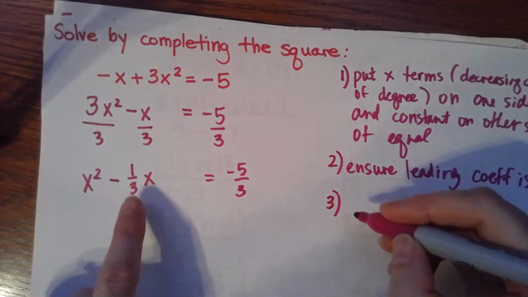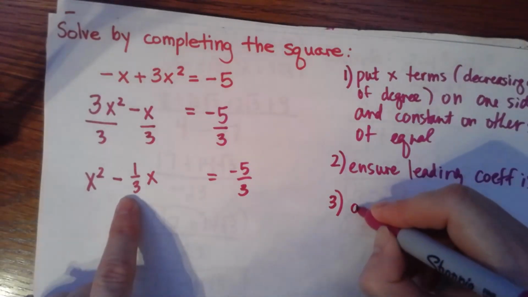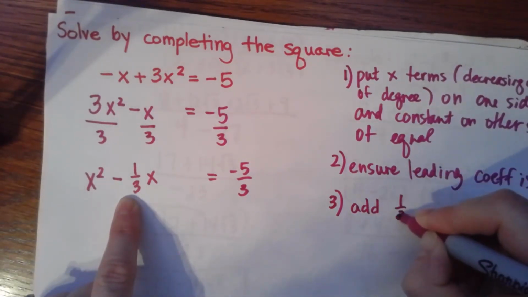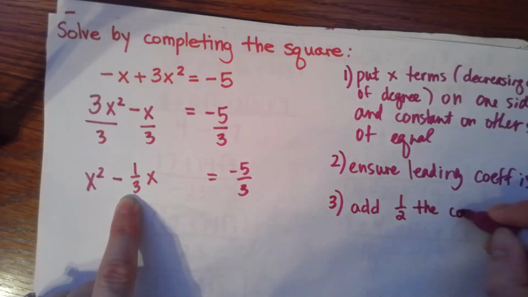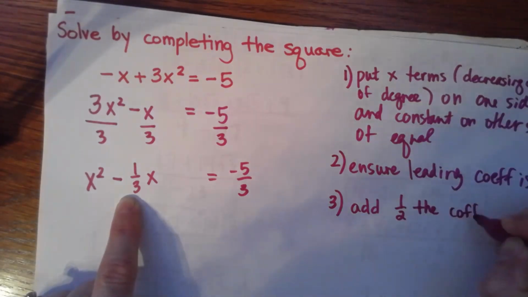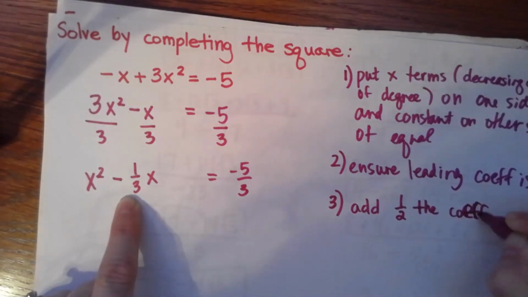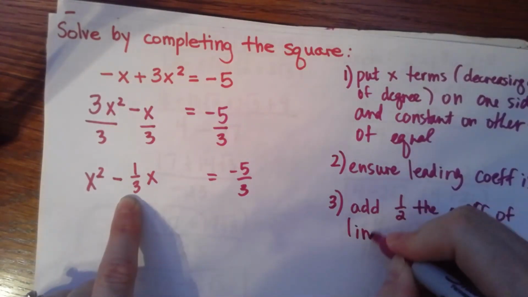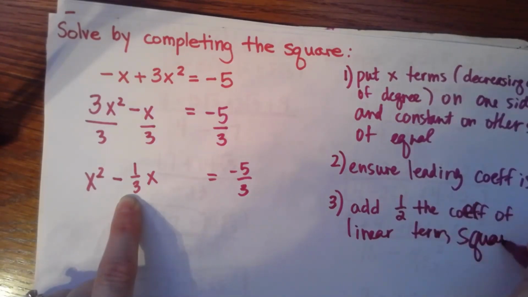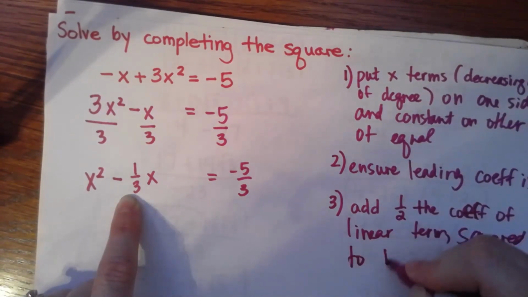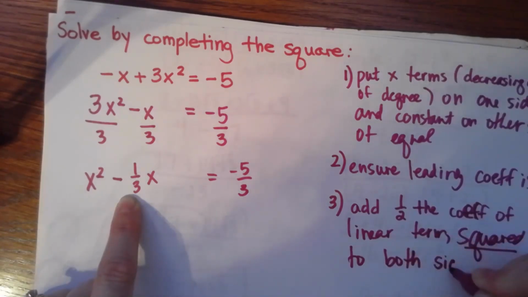okay, and then we are going to add 1/2 the coefficient of the linear term squared to both sides.